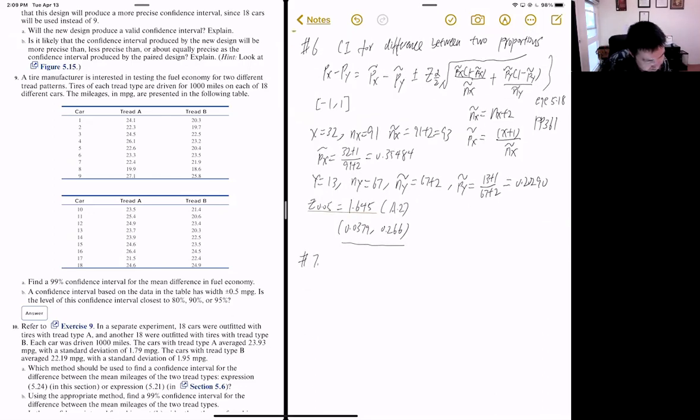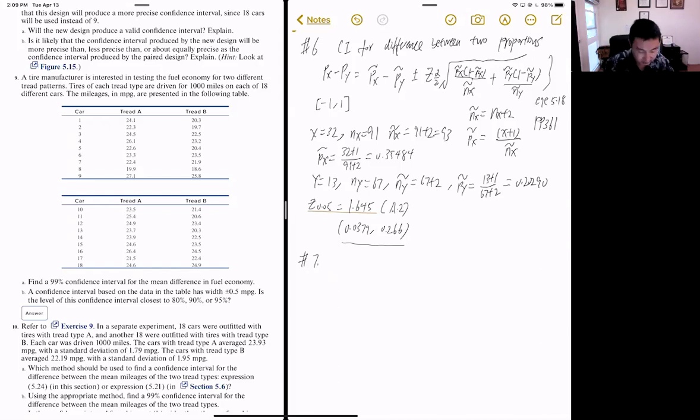Let's read the question. A tire manufacturer is interested in testing the fuel economy for 2 different tread patterns. Similar to one of the questions we discussed before, tires of each tread type are driven for 1,000 miles on each of 18 different cars.